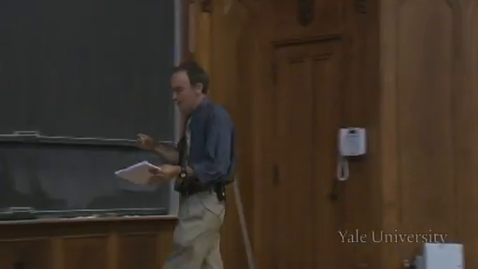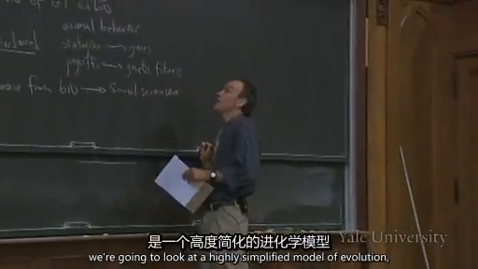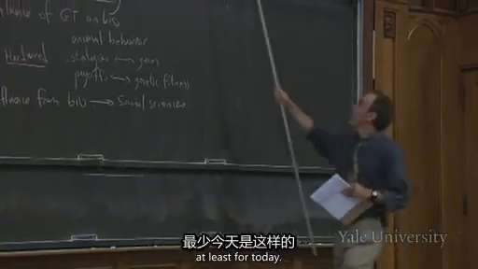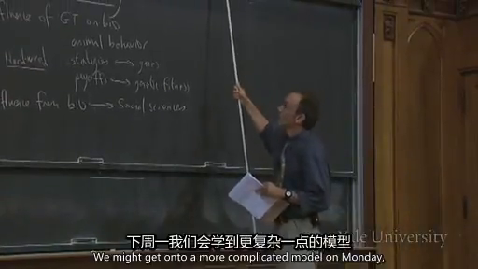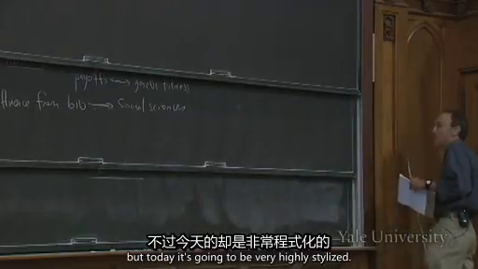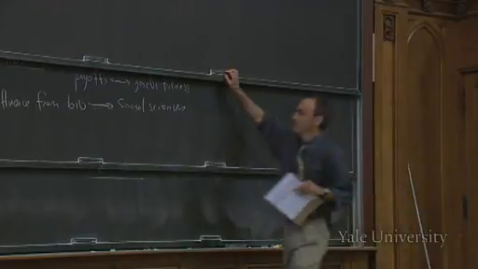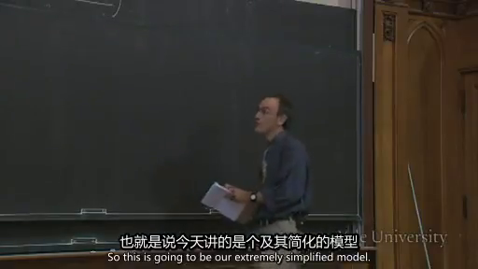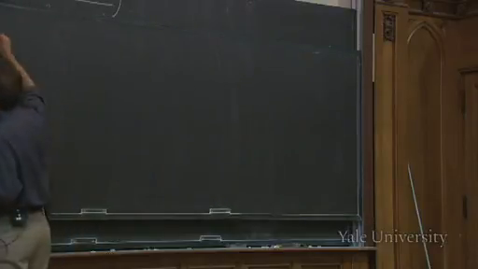All right. So what we're going to actually do is look at a highly simplified model of evolution, at least for today. We might get onto a more complicated model on Monday, but today it's going to be very highly stylized. This is going to be our extremely simplified model.